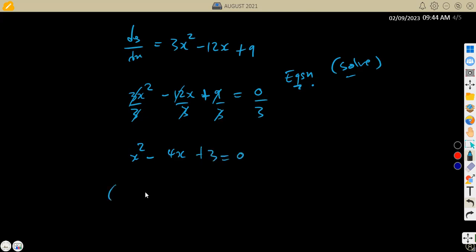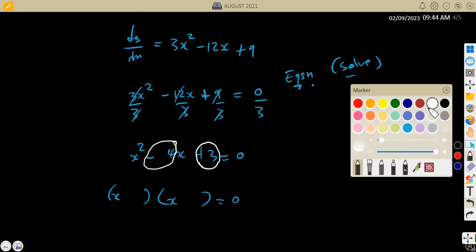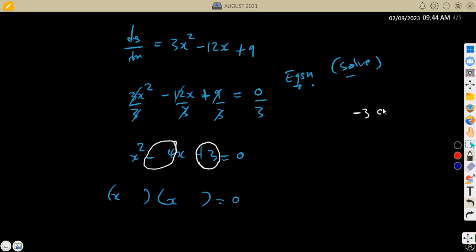Using factorization, we need 2 brackets equal to 0, with x and x here. What are the factors of the constant term, which is 3, but which when you add them, you must obtain negative 4? Checking for 3, we've got negative 3 and negative 1. If we multiply these two, you obtain a positive 3, and if we add, that's a negative 4.